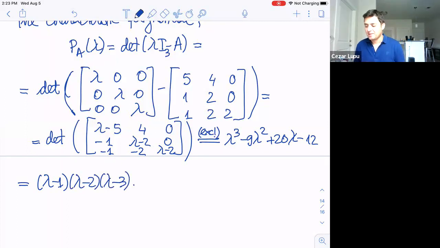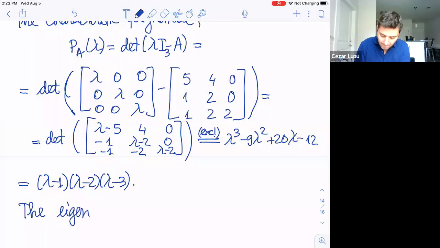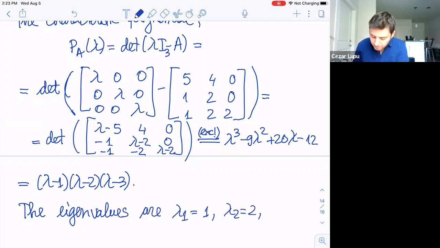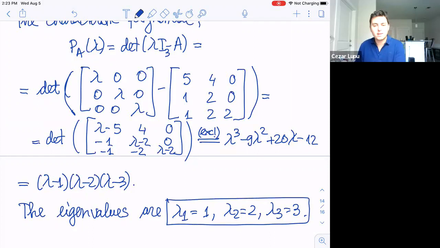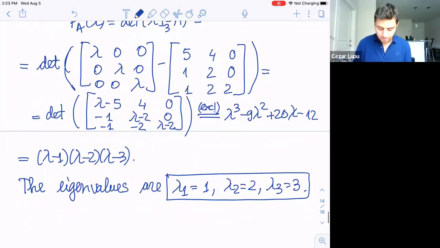Now, the funny thing is that I know the eigenvalues: lambda 1 equals 1, lambda 2 equals 2, lambda 3 equals 3. But anyway, I'm not asked to find the eigenvalues. I'm asked to find the inverse of this matrix. All right, so I know the characteristic polynomial. Let's keep this in mind.